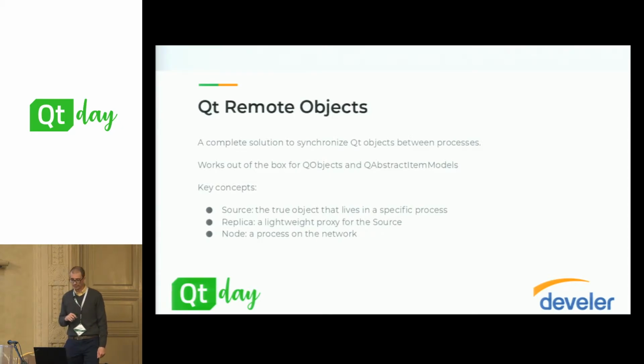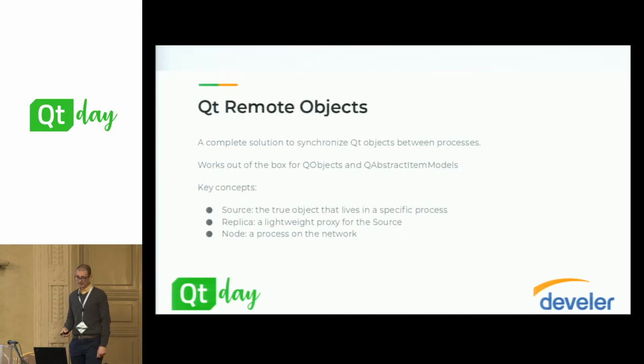There are three key concepts in Qt Remote Objects. The first one is the source. A source is an object that lives in a specific process and is the source of truth. So it's the actual object that you want to share. The second concept is the replica.